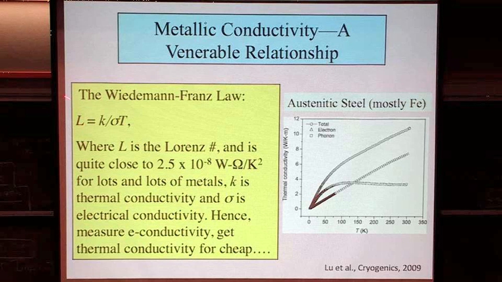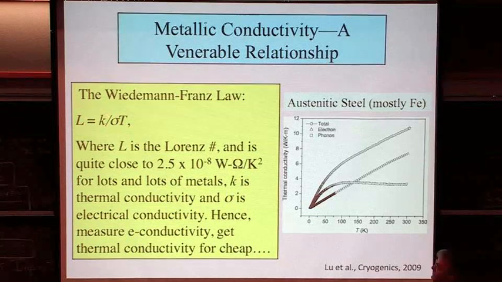It says that this number, the Lorentz number, which varies by only something like 10% among metals, with the exception of a few exceptional metals like bismuth, is equal to the thermal conductivity divided by the electrical conductivity times temperature. This is a wonderful thing, because if you are pretty sure the Lorentz number is roughly constant, you can measure the electrical conductivity and get out the thermal conductivity.